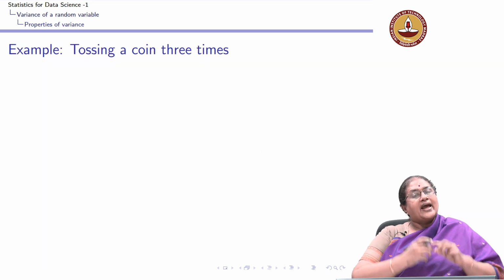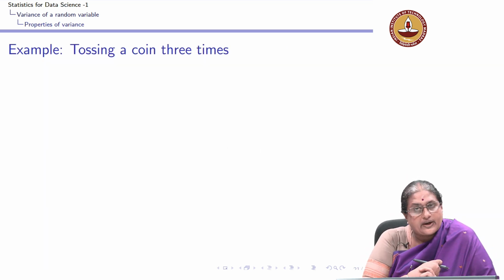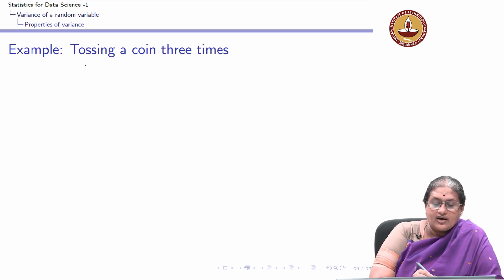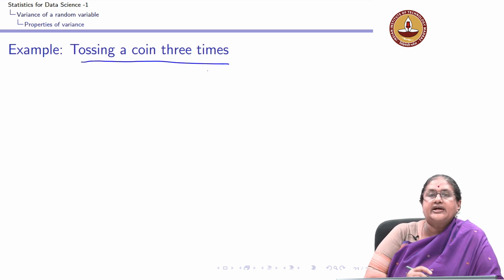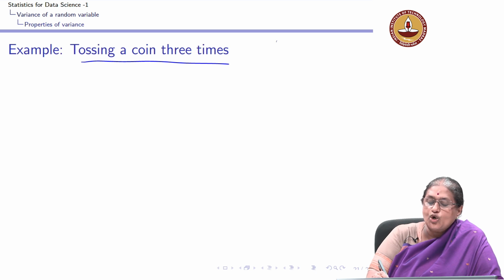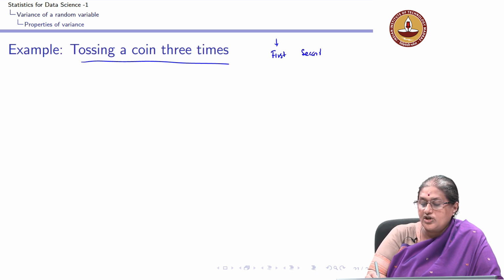Now, how do I apply this formula? Again, recall tossing a coin 3 times is the same as noting down the outcomes of a fair toss 3 times. That is, I am repeating an experiment 3 times. So, I have a first toss, a second toss, and a third toss.